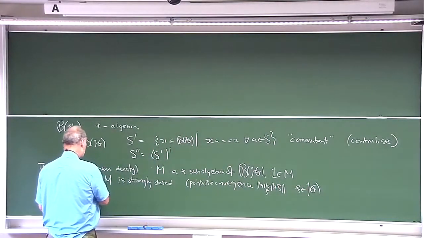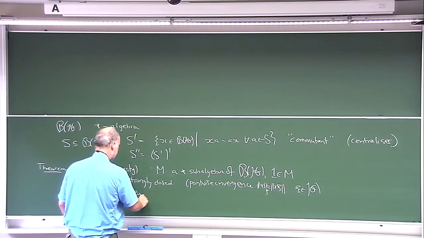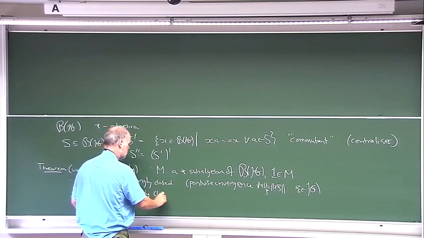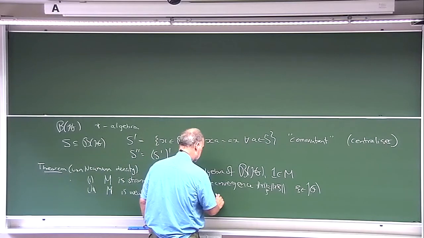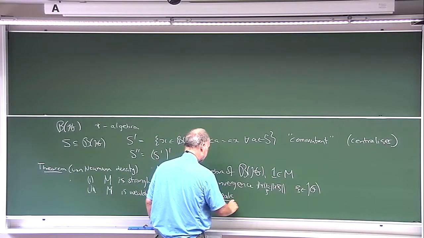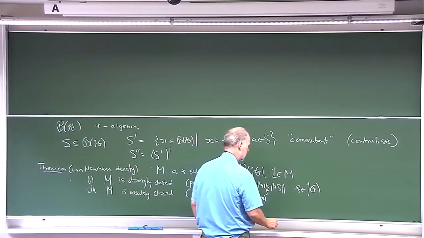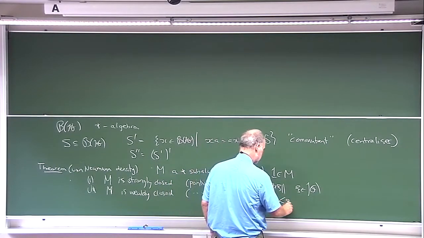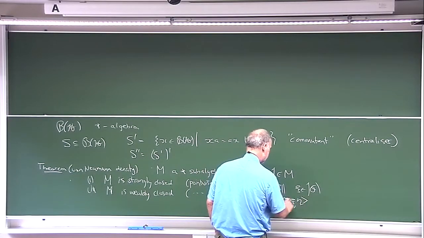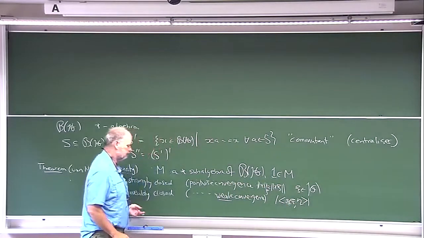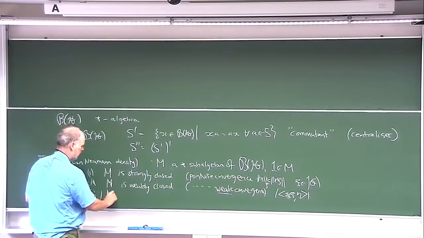The second one is that M is weakly closed. And this is pointwise weak convergence. You can also define it in terms of semi-norms, probably by such a thing.